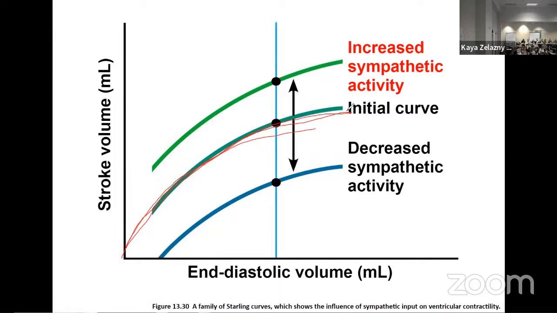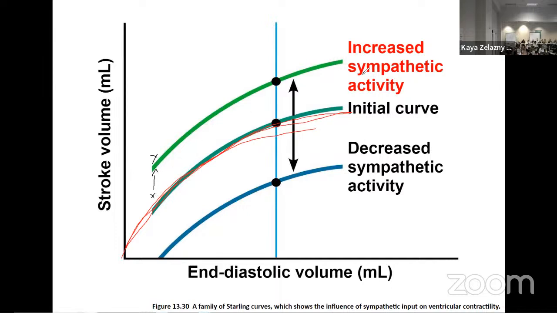This is a family of Starling curves, because what happens when you shift the nervous activity is not just shifting one point. It's shifting that relationship in total. So if you increase sympathetic activity, for any given end diastolic volume, you're going to have more stroke volume.